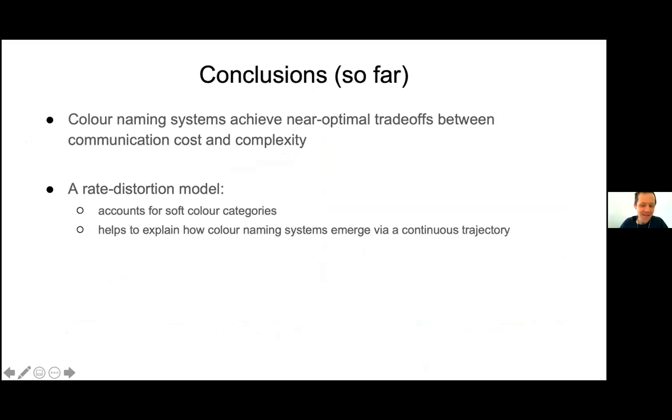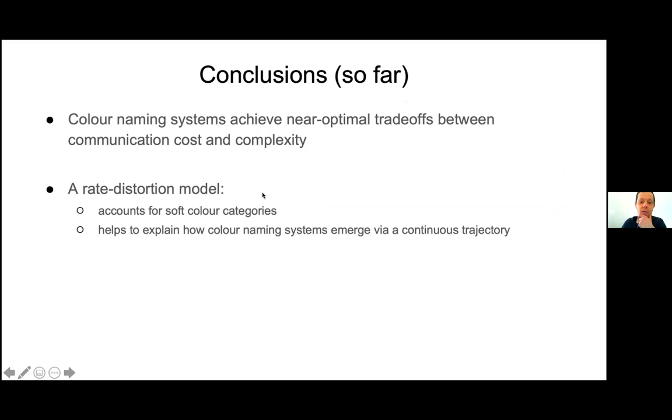Okay, so let me sum up the message about color naming systems. First point, color naming systems achieve near optimal trade-offs between communication cost and complexity. And second, the two main things that this model was able to do that are most striking to me: it accounts for color naming as a soft, graded, probabilistic thing, which previous models in the literature weren't so good at.